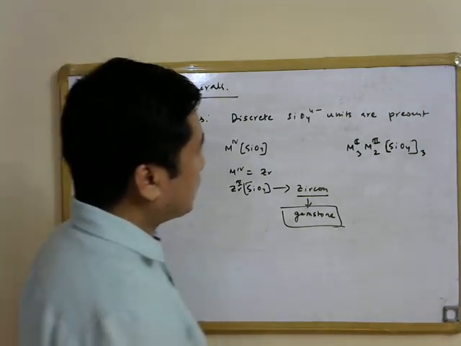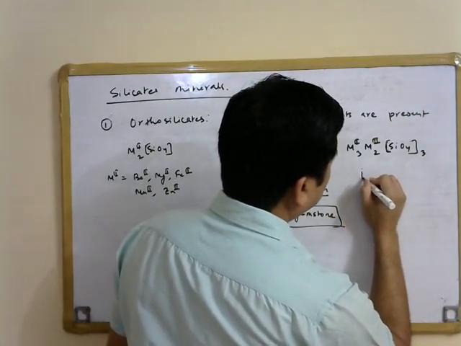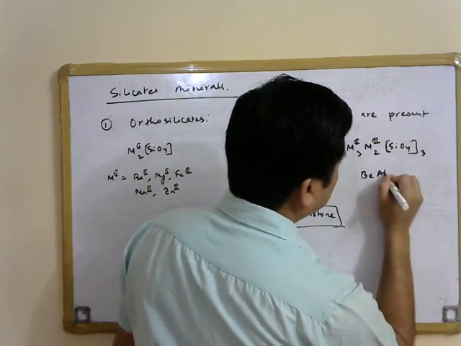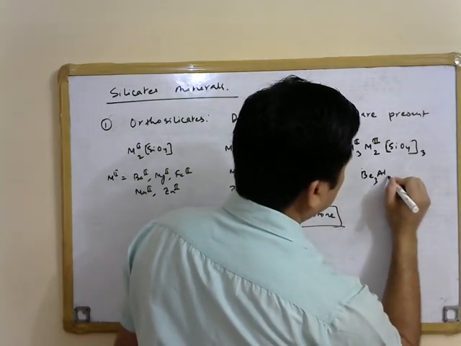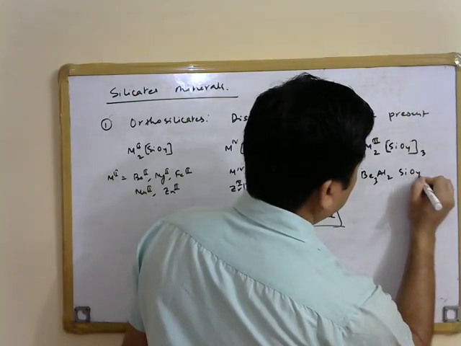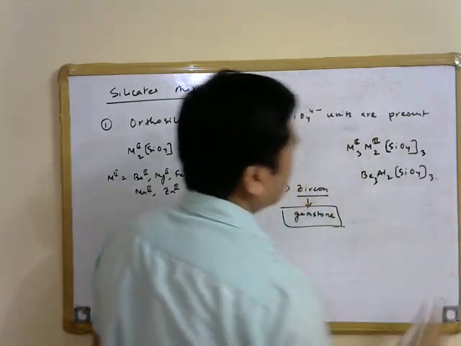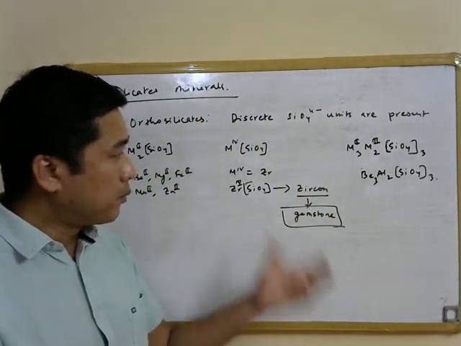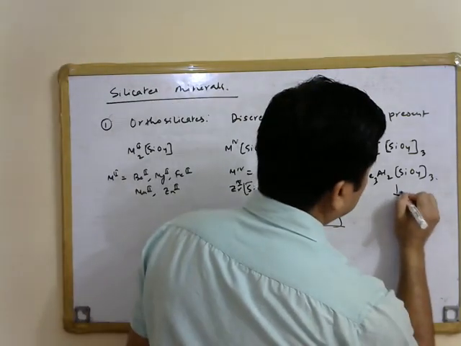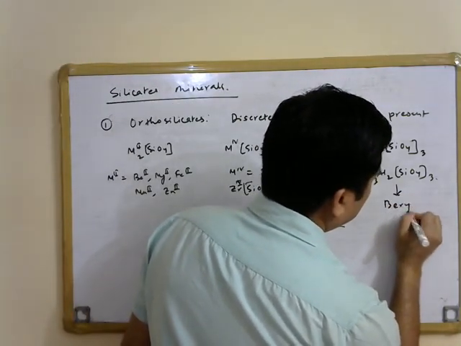And when the divalent metal ion is beryllium and the trivalent metal ion is aluminium, this particular orthosilicate mineral is known as beryl.